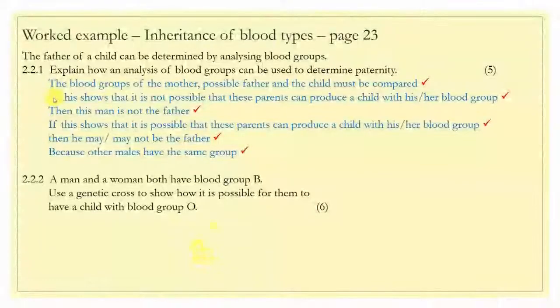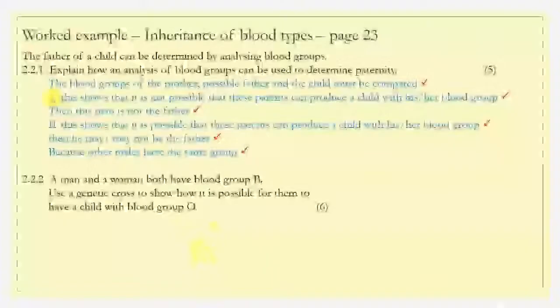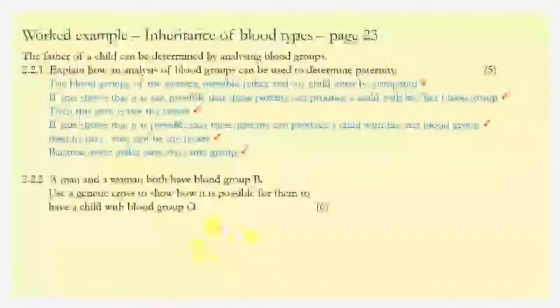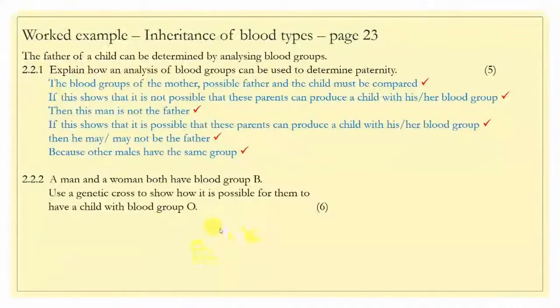Right? So blood groups of the mother, possible father, and the child must be compared. If it shows it is not possible that the parents can produce a child with his or her blood group, then the man is not the father. If it shows that it is possible, then the man may or may not be the father, because there's only 4 blood types.